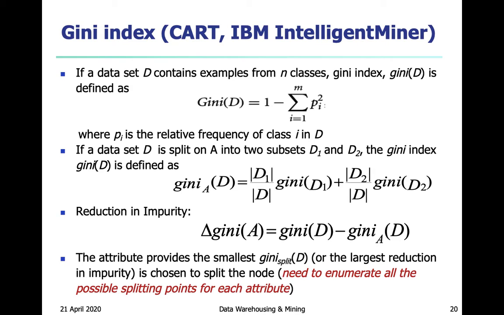And the reduction in impurity that would be incurred is the original Gini index minus the Gini index for the particular attribute.